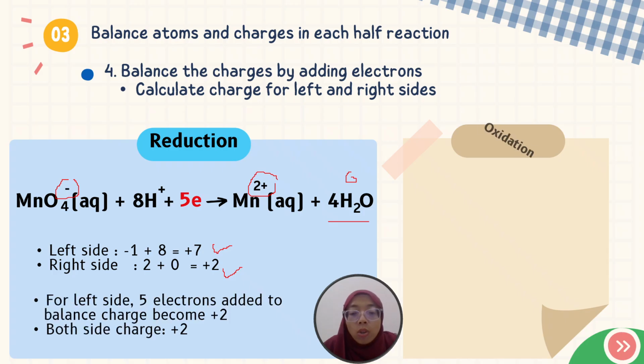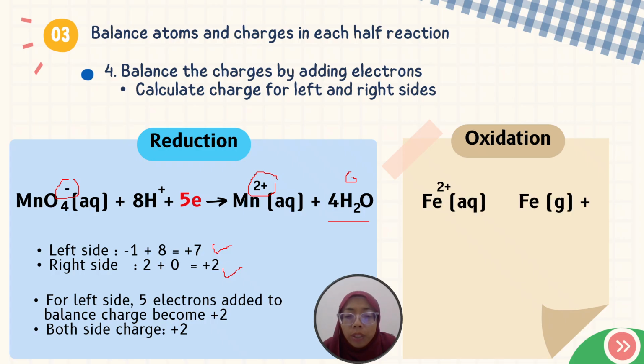Next, for the oxidation, we look at Fe2+ and Fe3+. How to check the charge? Fe2+ is plus 2 on the left side, and Fe3+ is plus 3.